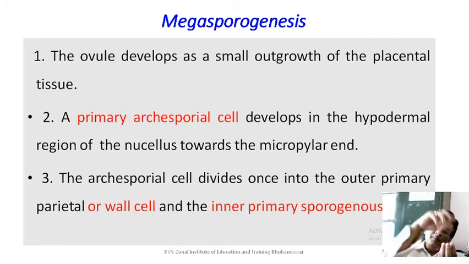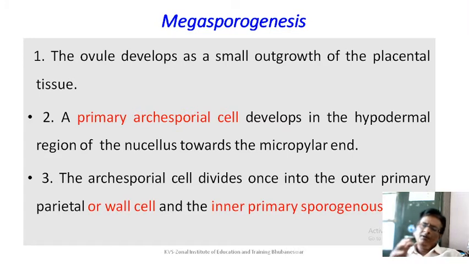Now, from anywhere inside the locule, maybe the central axis, maybe the septum, maybe the corner of the septum, a small cluster of cells starts developing, primordial cells, and slowly it forms a mass of cells. We call it the nucellus.